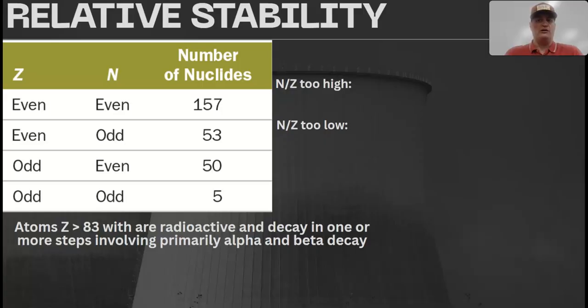If it was too low, the nuclides that lie below the valley of stability have too many protons and tend to convert protons to neutrons via proton emission. You don't need to memorize the valley or anything like that, but the idea is that closer to 1 to 1 is better.